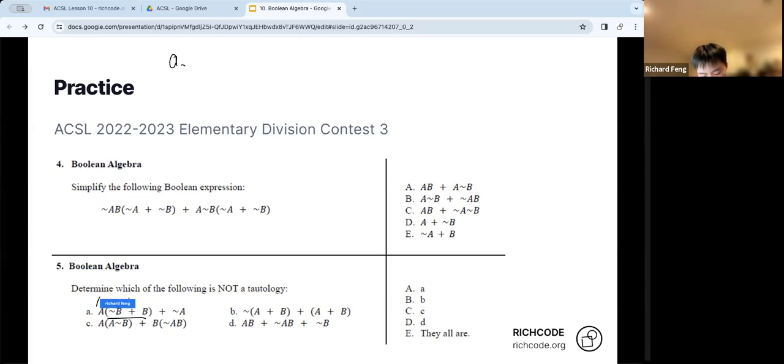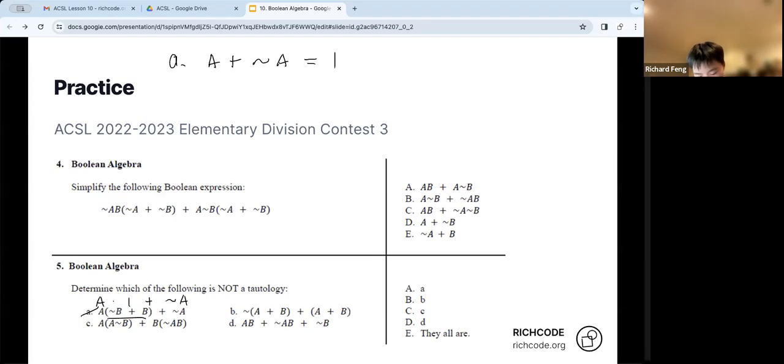So we have A and one, or not A. A and one is the same thing as A. So basically we have A or not A. And whenever something is ORed with its complement, it's always going to be true. So answer choice A is always going to be true, so it is a tautology. So we can eliminate choice A.